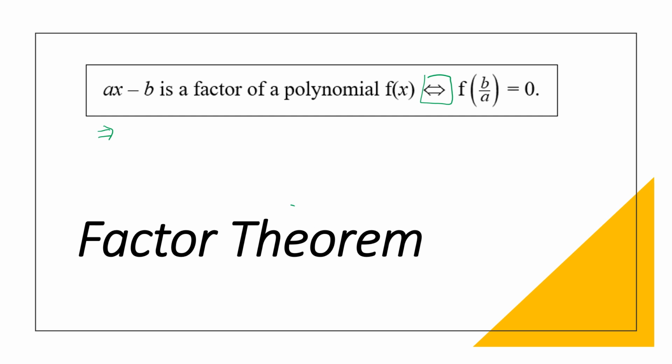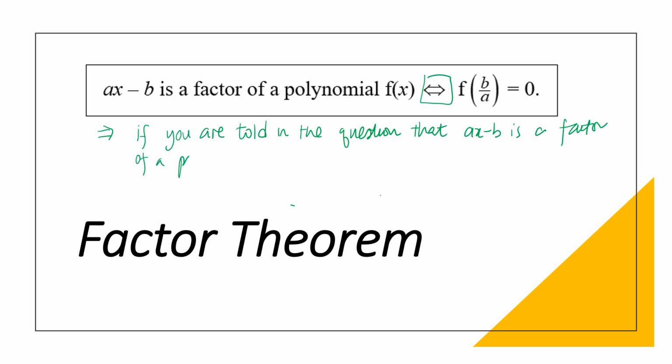It means that if you are told in the question that ax minus b is a factor of a polynomial, that is, your linear divisor is a factor of the polynomial, then the remainder, which is how we find the remainder in the remainder theorem, will be 0.